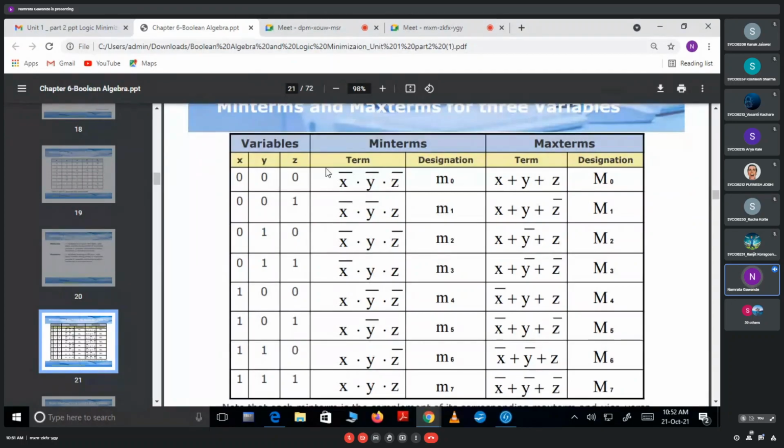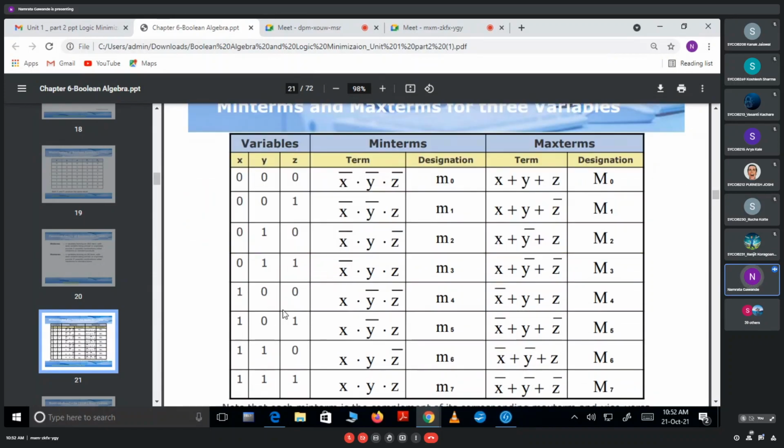Accordingly all these min terms are represented, with short notation M0, M1, M2, M3, M4, M5, M6, M7, where the binary form of 7 gives M7, with small m.